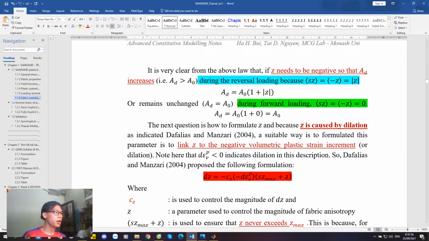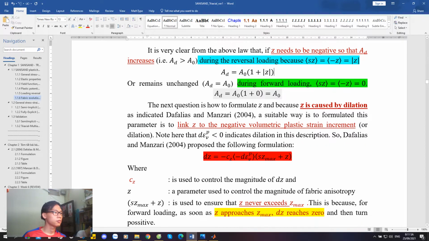With these colors, blue or magenta, we have this during the forward loading and reversal loading. We focus on Z being caused by dilation, and link Z to the negative volumetric plastic strain increment.